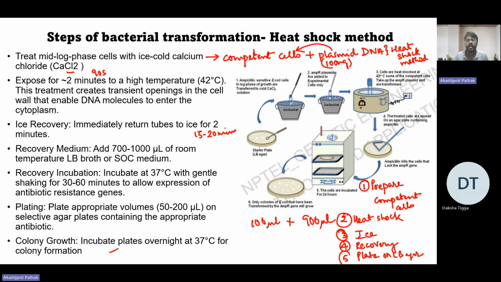If you are plating it on the LB agar supplemented with ampicillin, then you will add the ampicillin-resistant plasmids, and in the next step, you give a heat shock at 42 degrees Celsius. Then again, you place it on ice, and then you do the recovery in the recovery media, and after that, you plate it. Okay, so these are the steps.